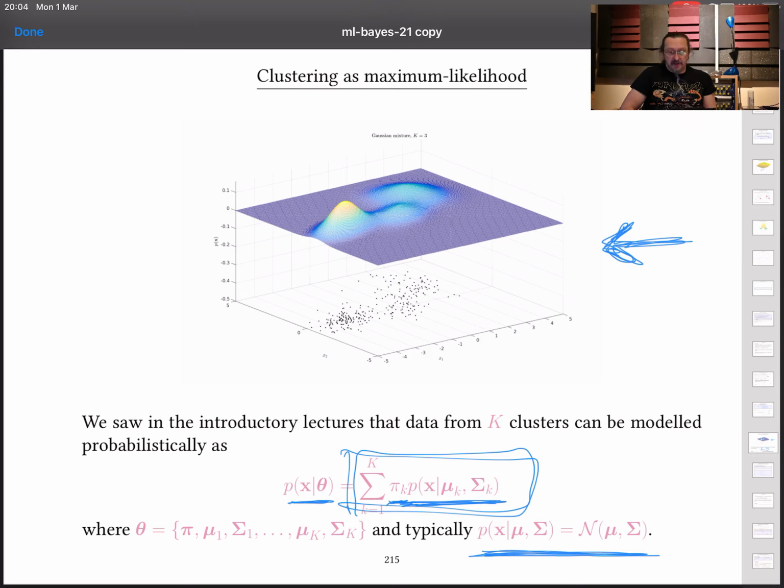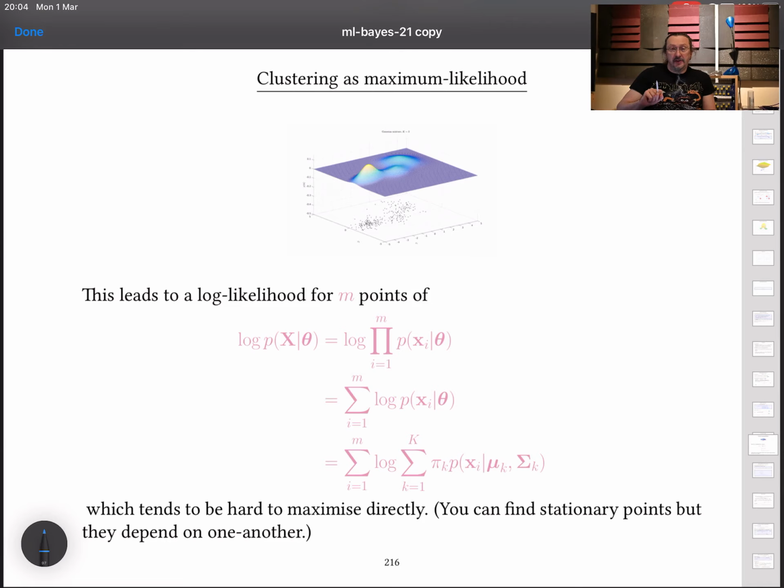If I have m points that I get from sampling a Gaussian mixture m times, and the samples are independent and identically distributed, so we don't change the Gaussian mixture between samples, and each example is sampled independently, then the likelihood of the full data set of all m samples is just the product of the probabilities for the individual ones.